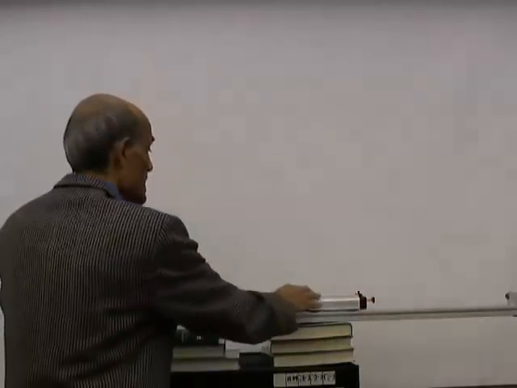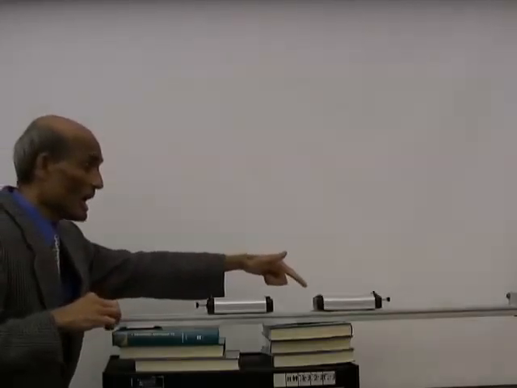Watch once again. You notice that this comes to a stop and the momentum is taken over by the second one. The momentum of this object is 0 before collision. This has a momentum, and what happens after collision? The momentum of this becomes 0 and the momentum is taken over by this one. This happened because these two objects have the same mass.